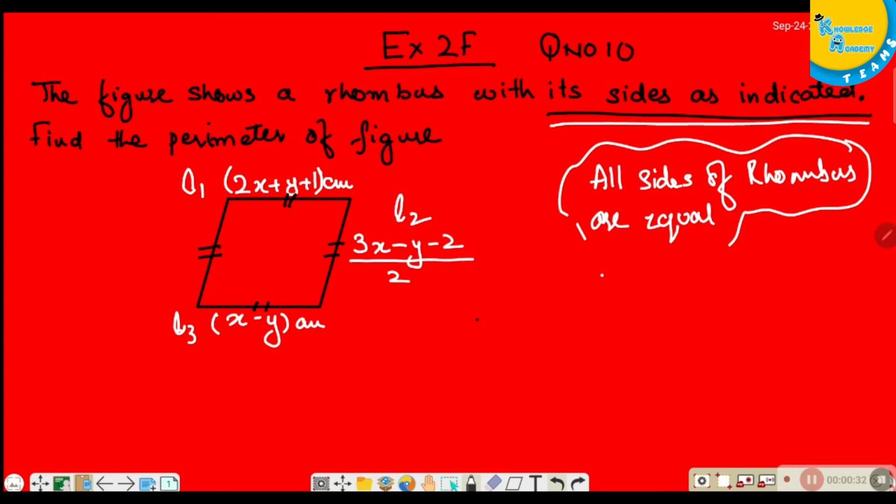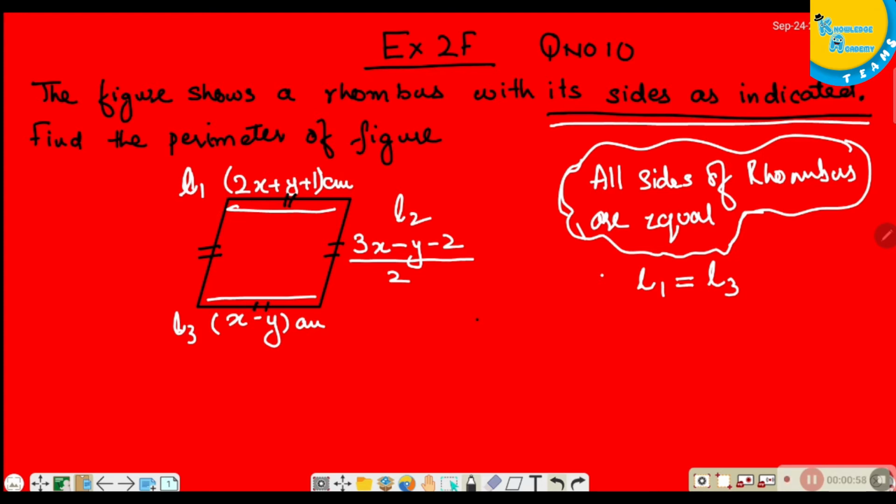As we know from the property of a rhombus, the measurements of all sides of a rhombus are equal. So we can say that L1 is equal to L3, since all the sides are equal. So the measurement of this side is equal to this side.